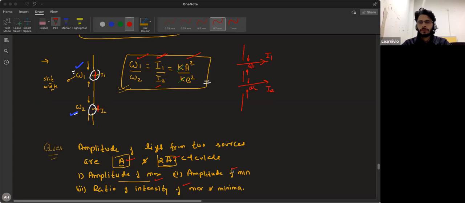No, Arpit's wrong. Stronger. Yashika, Noha, answers. No, Arpit, intensity and amplitudes are square of each other.